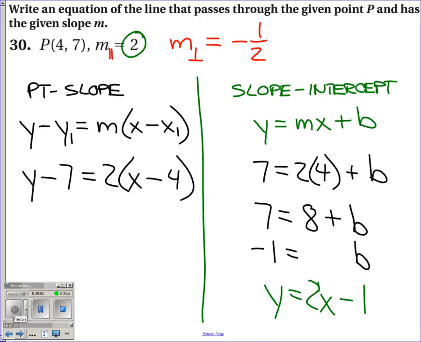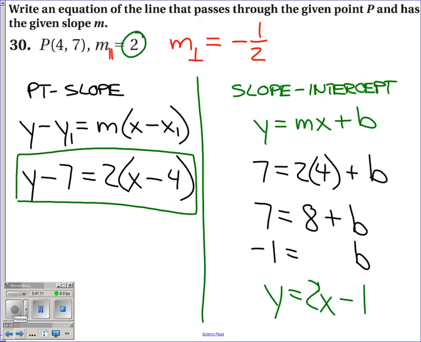So y equals 2x minus 1. That's a different look, but it's the same thing as if you were to take this equation and distribute the 2 inside and then add 7 to both sides. You get exactly the same thing.